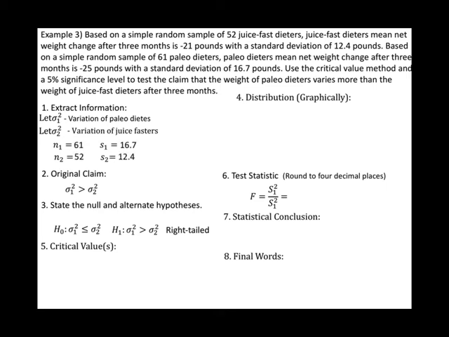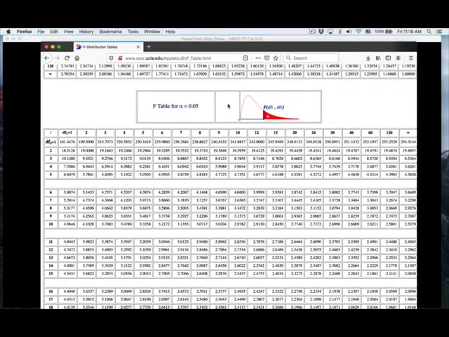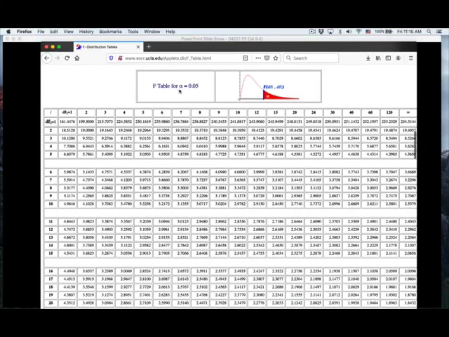Okay, check your work. Okay, now the distribution. We will have the skew to the right, white tail. So figure out what is the area of your white tail. It should be equal to the significance level, right? Okay, 0.05 for one tail. So look at the F distribution with alpha equal to 0.05.